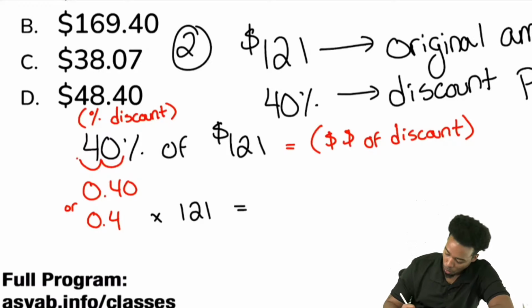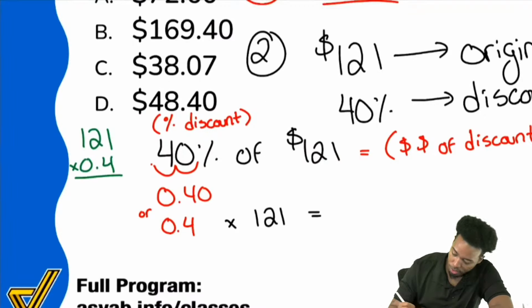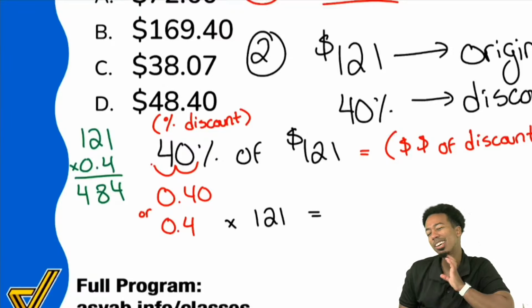So here we go. Right here, 121 multiplied by 0.4. Let's get to work here. 1 times 4, that's going to be 4. 2 times 4, that's going to be 8. 1 times 4 is going to be 4. And so what we do here, everybody, is move back how many decimal places now?